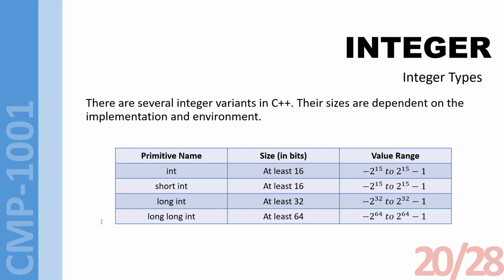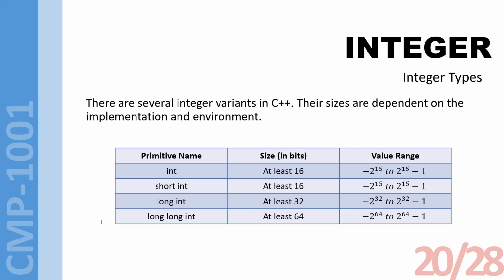Long int is at least 32 bits, so it is going to be by default bigger than an integer. And long long int is going to be at least 64 bits long. Be careful, the int and short int look like they have the same sizes, but in other systems, for example, in a regular 64-bit system, if I'm not mistaken, int will have a size of 32 bits, whereas the short int will still have a size of 16 bits.